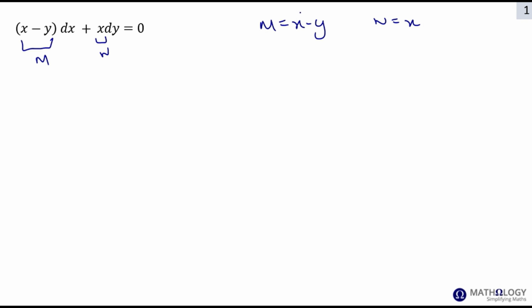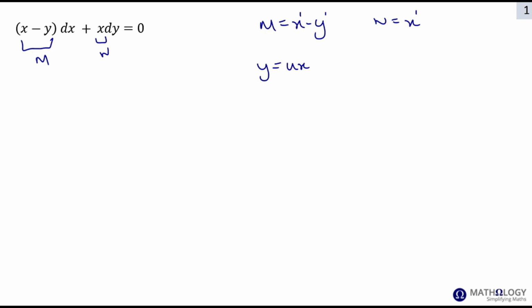You can clearly see that the highest power of the variables x and y is 1, and the highest power in N is also 1. So the degree is the first degree for both. So the coefficients M and N are of the same degree, in which case we're going to use a substitution. In this particular differential equation, the substitution we're going to use is y equals ux.